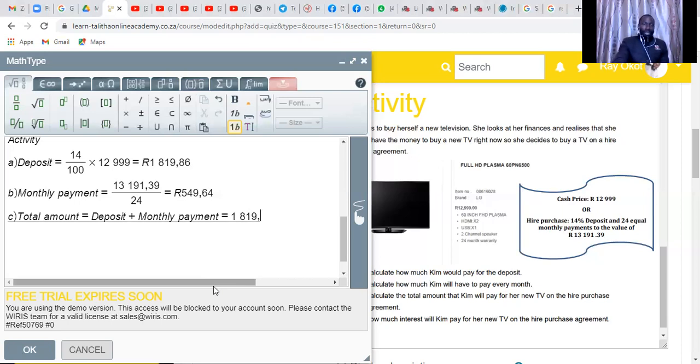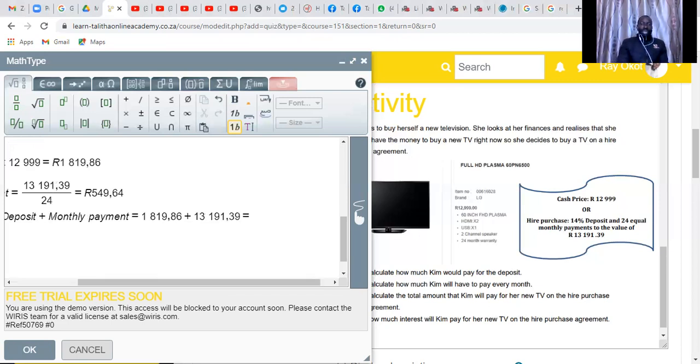To it we add 13,191.39. When we add, what we get is the total amount of money.